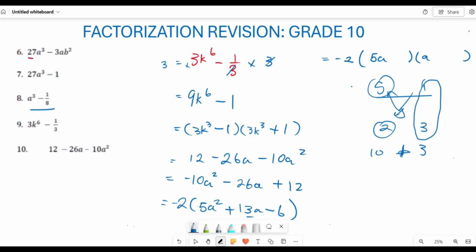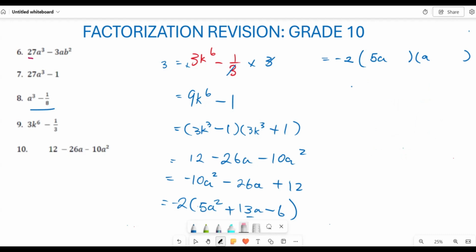Okay. But now let's start with the first one. Let's say I am using my 2 here, and also I'm using my 3 here. Look, if I multiply this one and this one, let's say this is going to be positive.